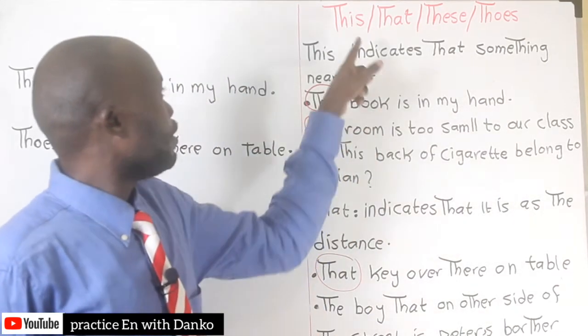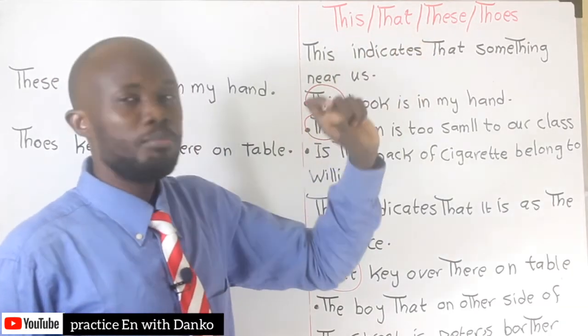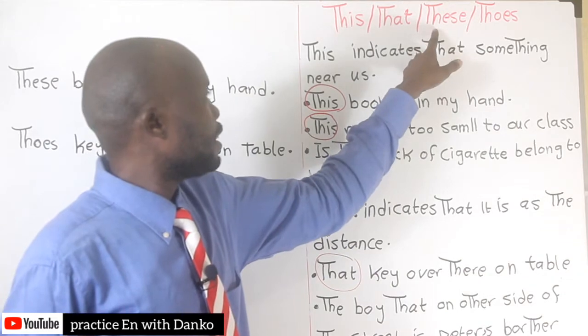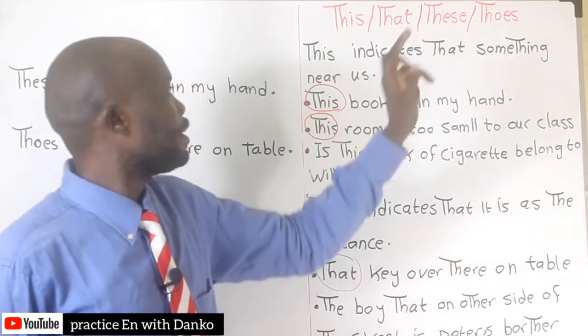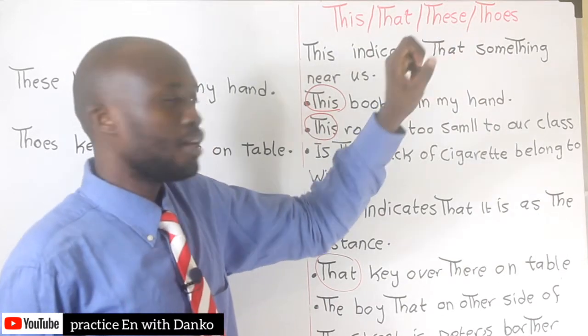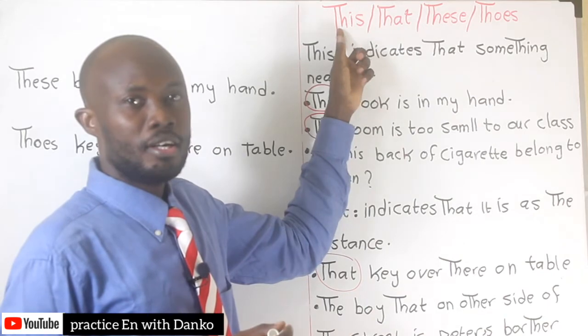So we talk about this and that. So let's move to these and those. First, these: it is the plural of this.